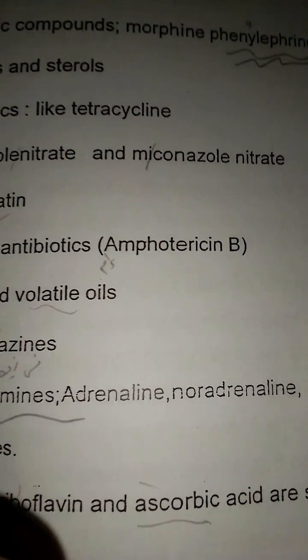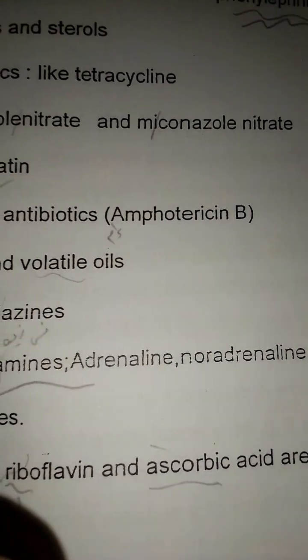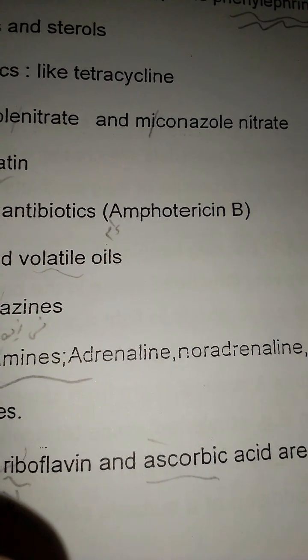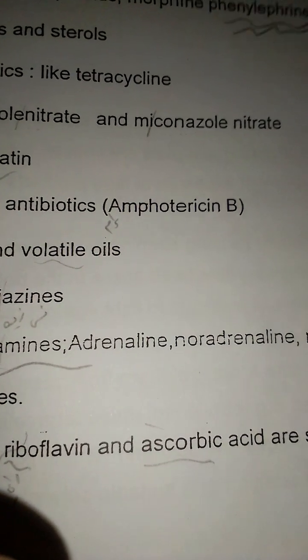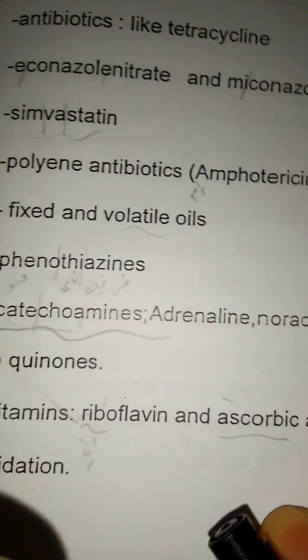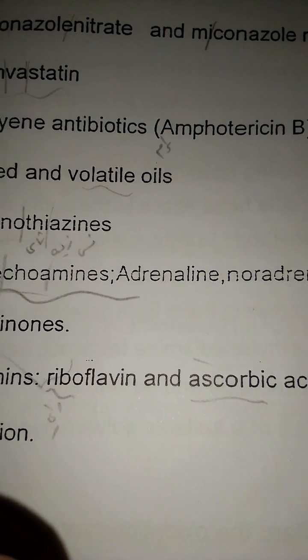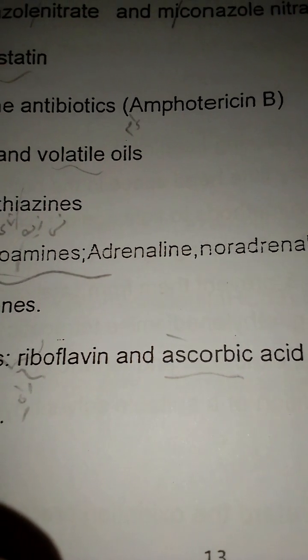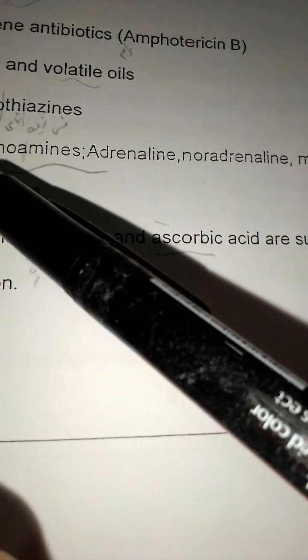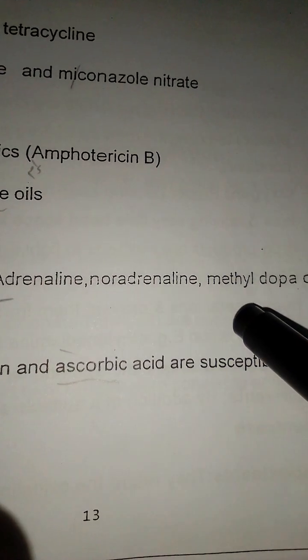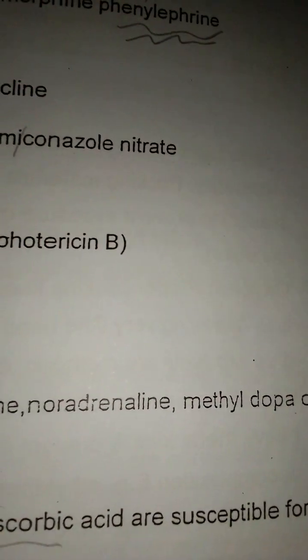Antibiotics like tetracycline, econazole nitrate and miconazole nitrate, simvastatin, polyene antibiotics such as amphotericin B, fixed and volatile oils, phenothiazines, catecholamines, adrenaline, noradrenaline, methyldopa oxidized to quinones. Vitamins, riboflavin, and ascorbic acid are susceptible to photo-oxidation.